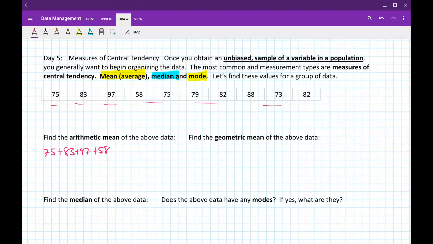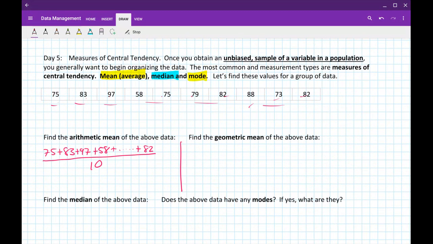Plus all of these numbers, through 82. And you're going to divide by the quantity of numbers, the total sample size. So let's say we've got 1, 2, 3, 4, 5, 6, 7, 8, 9, 10. 10 of these things. And this is going to be your arithmetic average, okay?